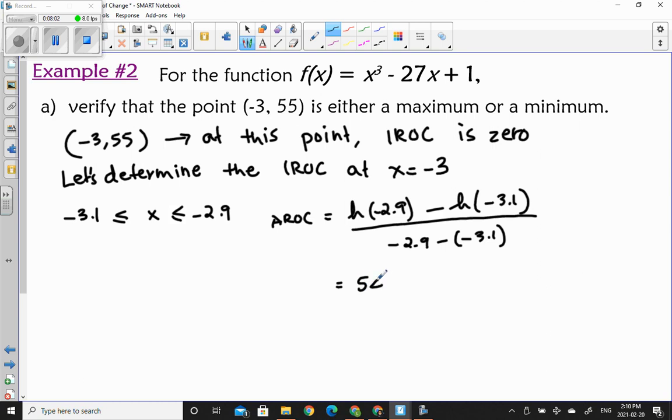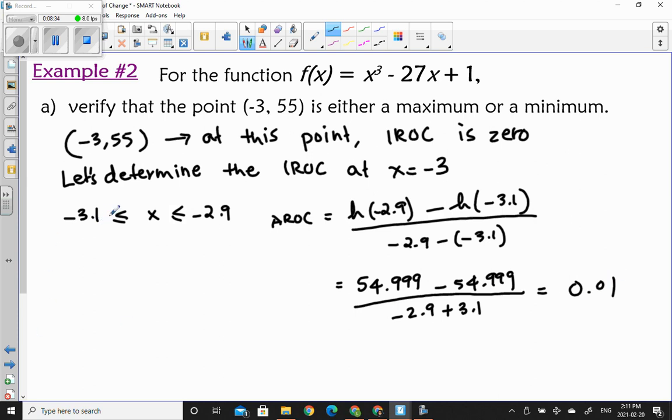So this works out to 54.999 minus 54.999, and it doesn't matter what we get over here, -2.9 plus 3.1. We know that the numerator works out to 0, so you can see that the IROC is 0, very close to -3. Actually, we get 0.01 here.